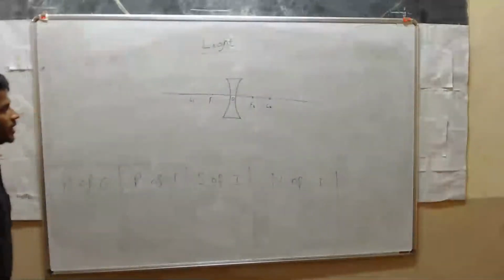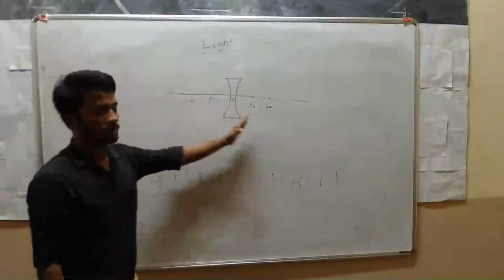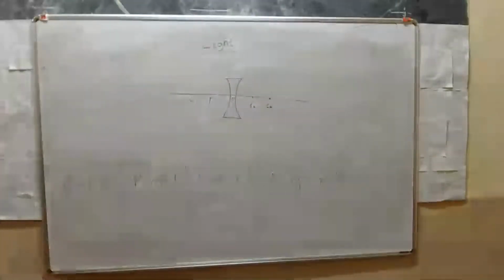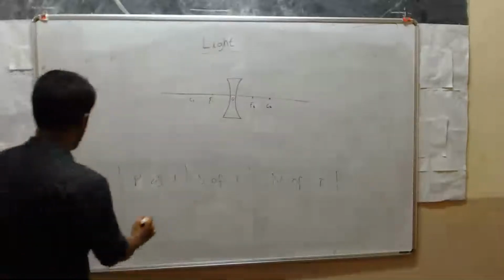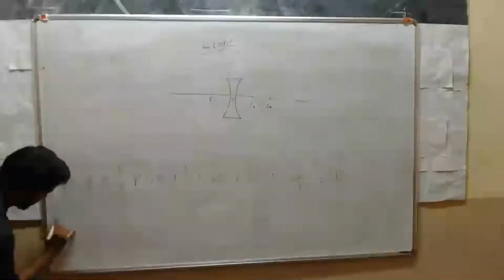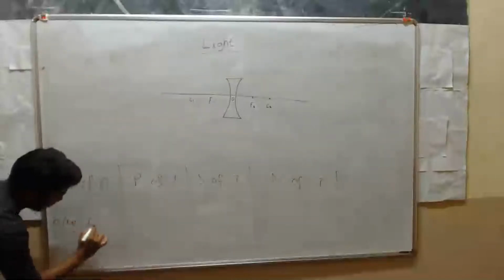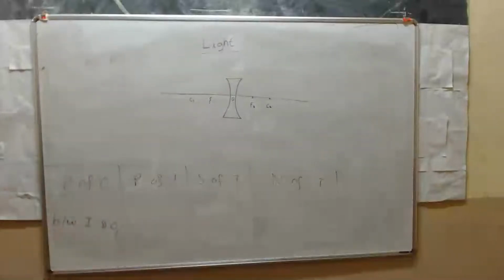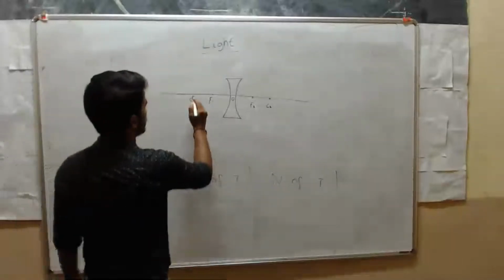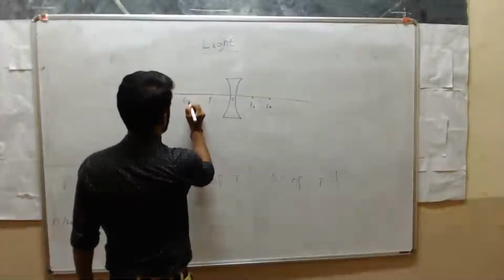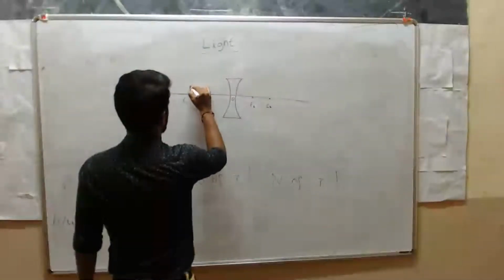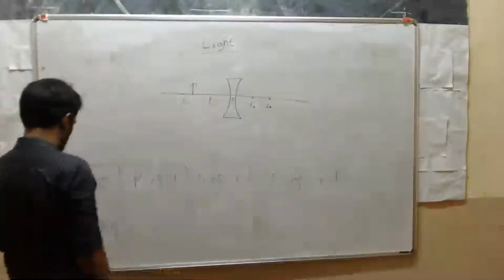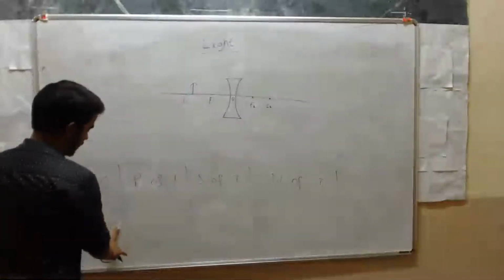So now keep the object between infinity and optic center. So now I will keep the object here, between infinity and optic center.